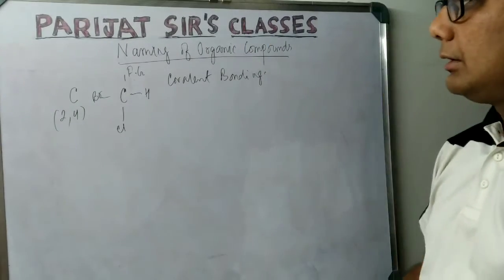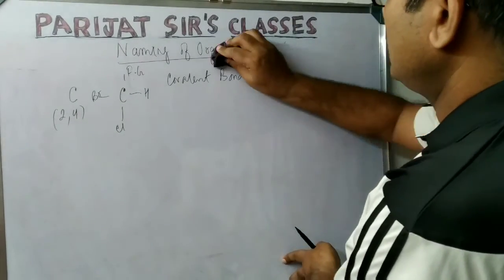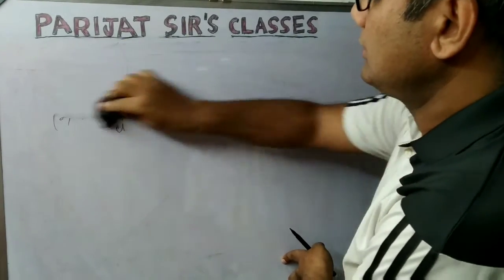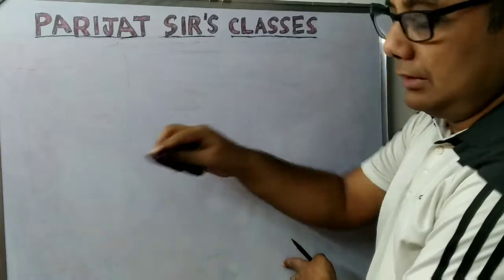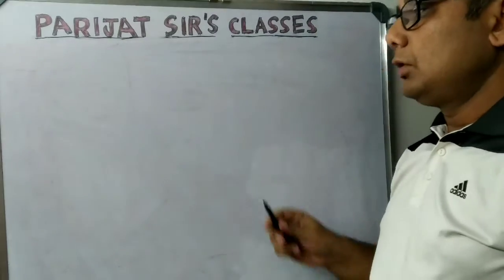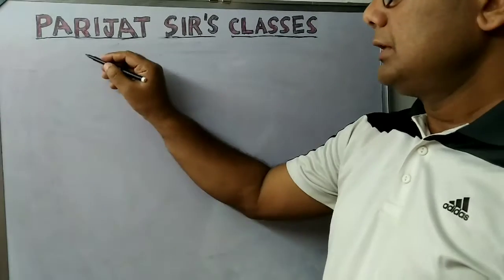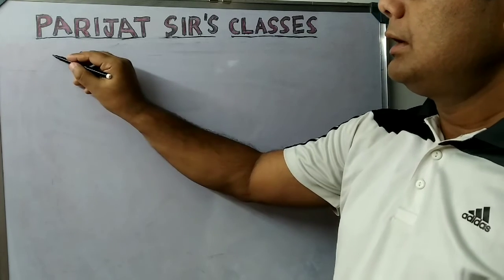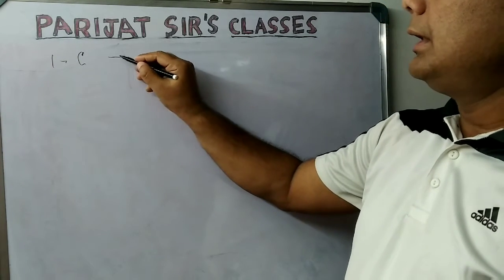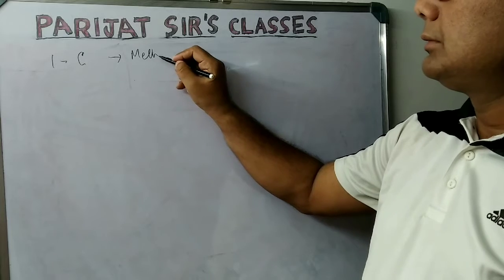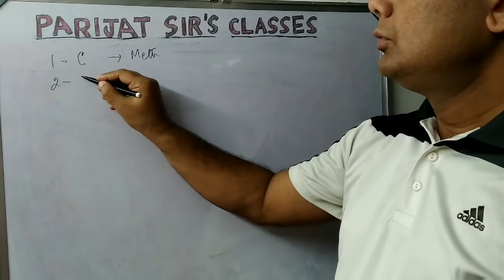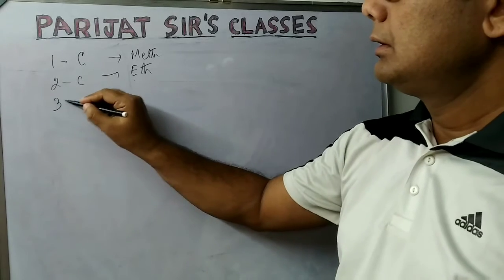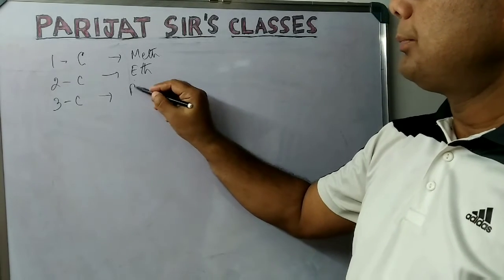This chapter is quite interesting because it doesn't require any memorizing. It requires some logic. First of all, if there is only one carbon atom, the name will start with meth. For 2 carbon atoms, it will be eth. For 3, it will be prop.